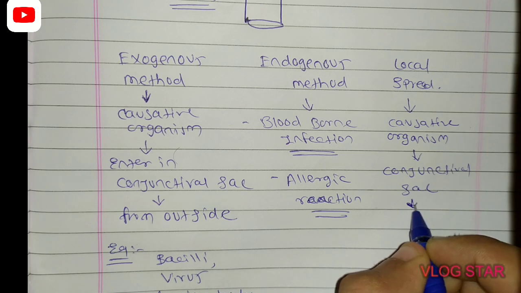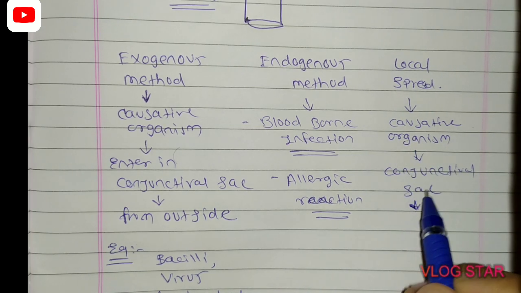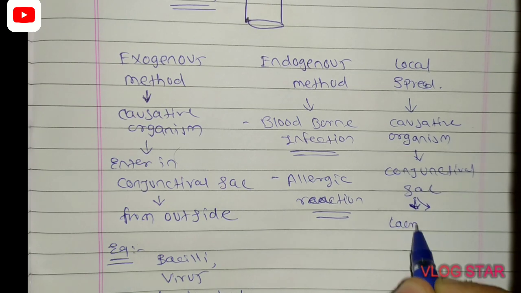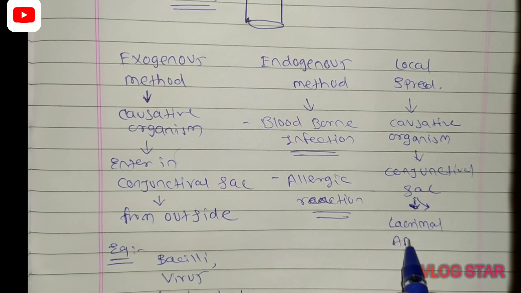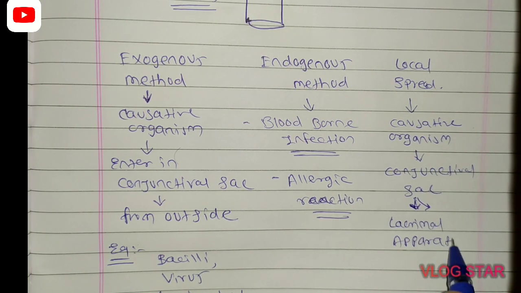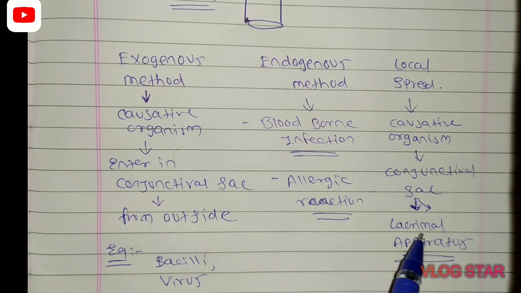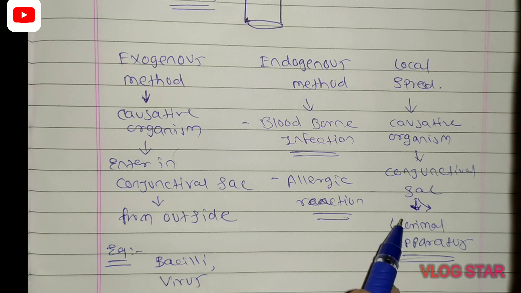So here the causative organism enters into the conjunctival sac from the surrounding structure, that is nothing but the lacrimal apparatus. For example, the causative organism is initially present in the lacrimal apparatus, and from the lacrimal apparatus it enters into the conjunctival sac, that is, this causative organism spreads locally.